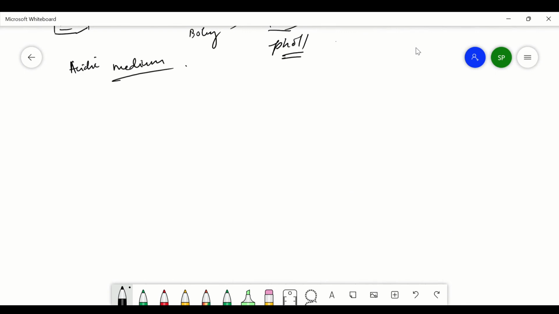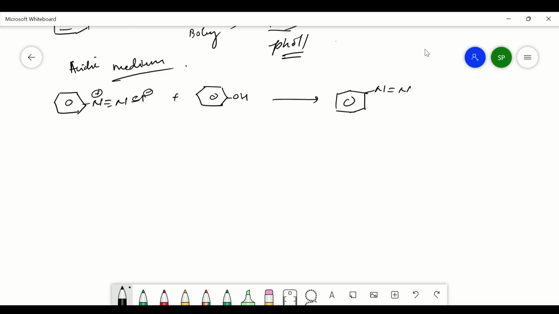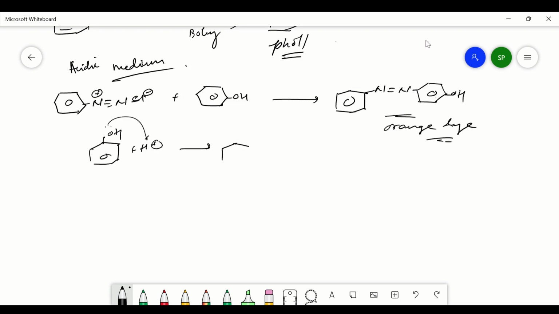The coupling product is an orange dye. So to prevent this coupling, the reaction is carried out in acidic medium, so that the phenol produced remains protonated. So the coupling does not take place.